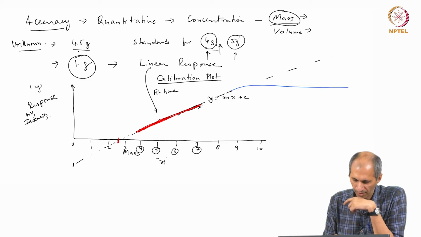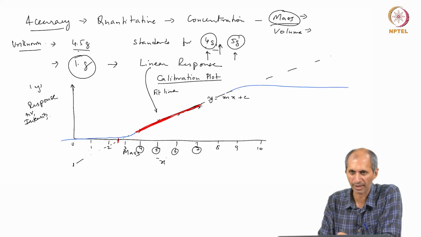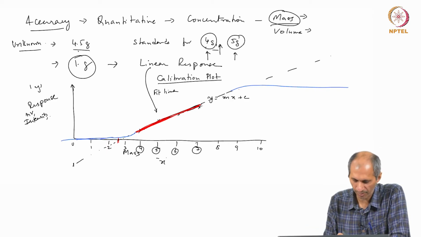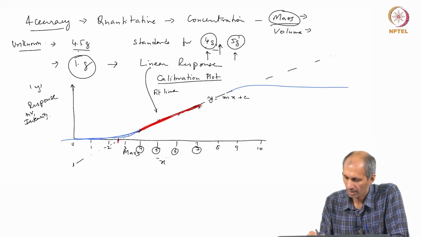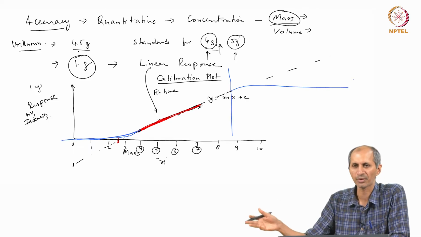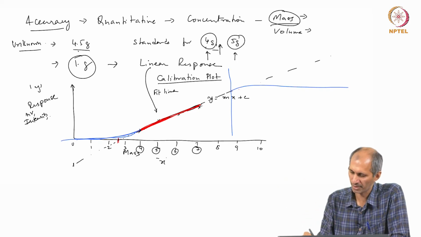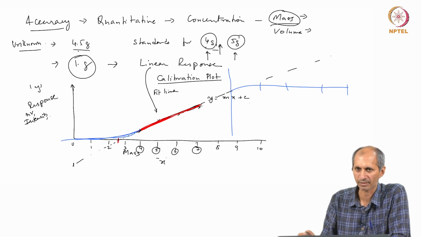Similarly, on the other side also you can see instead of doing this the instrument may do this, okay. It may not go to 0 directly, it may do this kind of non-linear behavior. So, definitely I cannot use the instrument beyond this because I do not know what is going on. I have no idea whether it is here or here, because all of them are giving the same response, I do not know where it is.